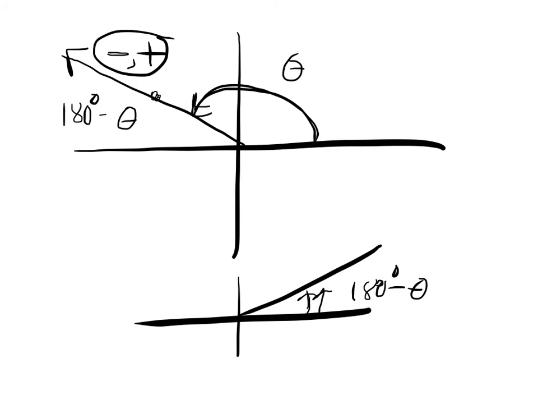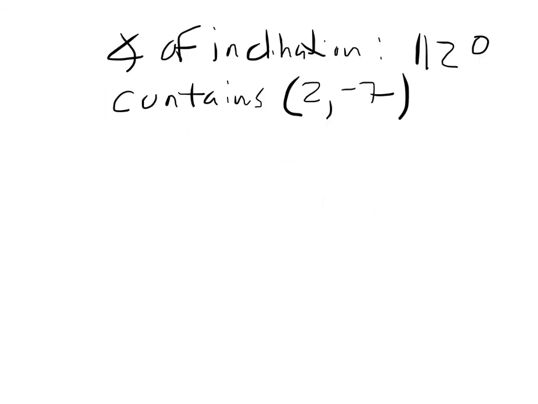For example, if I had the point here, negative a comma b, I know that on that 180 minus theta reference angle, I'm going to have a comma b. So indeed, if we have an angle of inclination that is greater than 90, the tangent of that angle is going to turn out to be a negative number, and it's going to turn out to be the slope of our line.